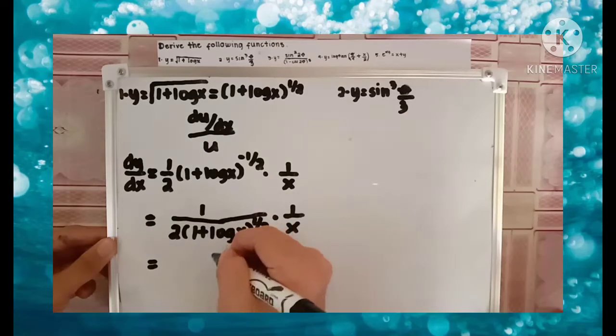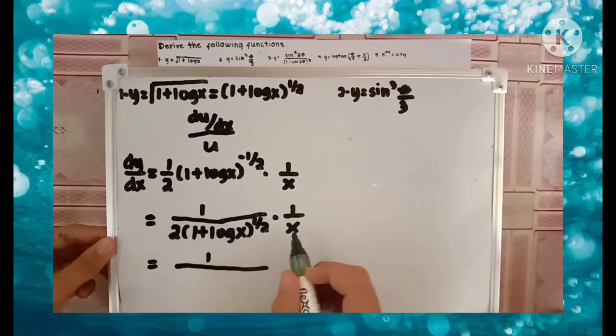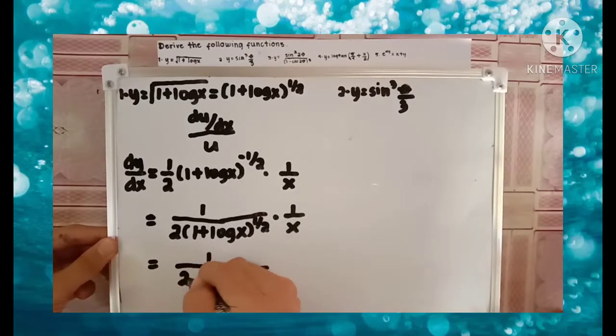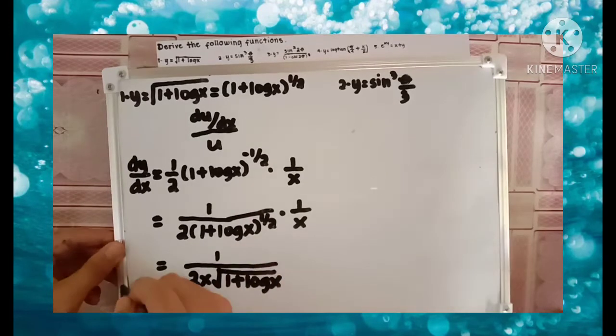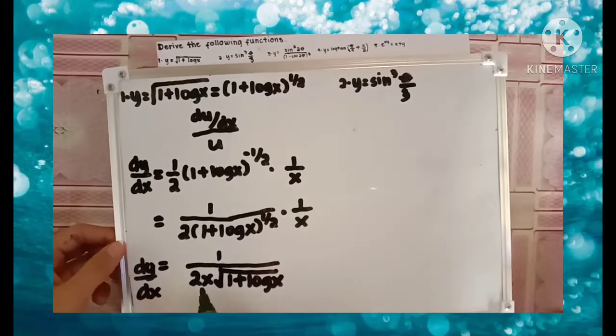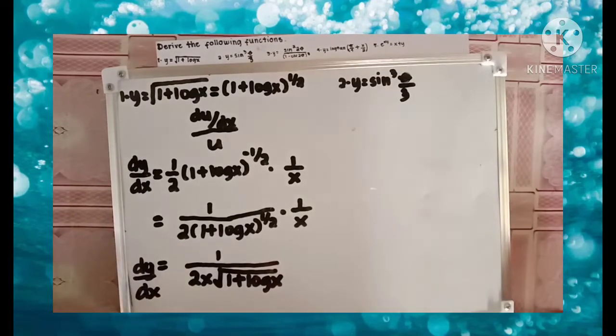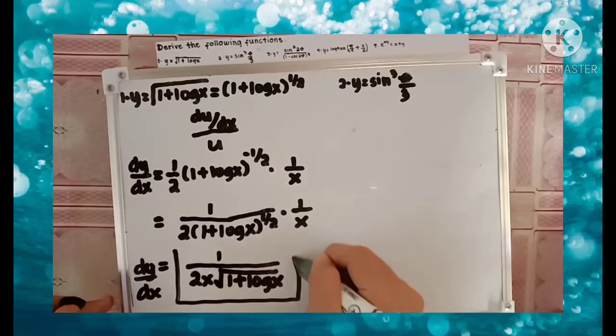So 1 times 1, 1, all over 2 times x is 2x times the square root of 1 plus log x. dy over dx is equals to 1 over 2x times the square root of 1 plus log x. So this is the final answer.